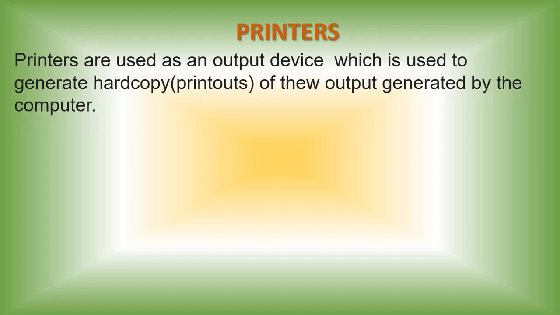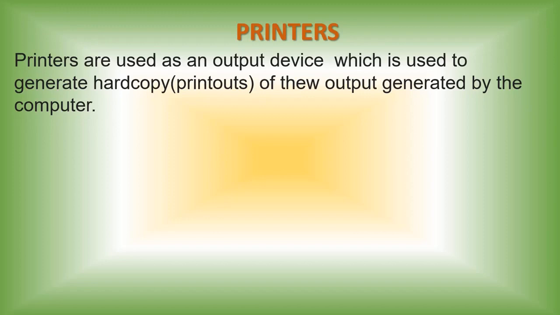Once again, I'll repeat. Impact printers are the printers in which the print head, each printer has a print head, has a mechanical contact with the paper. That type of printers are known as impact printers.